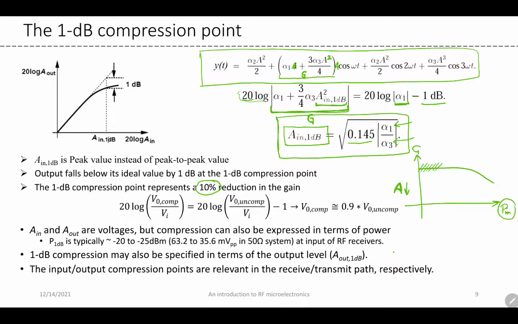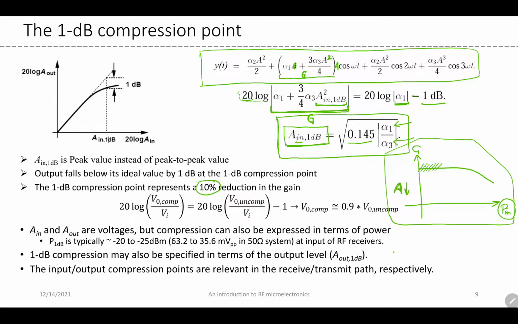And we talked about this in terms of amplitudes. We can also express this in terms of power, as I mentioned in this case. So this would be the explanation in terms of power. We can do an equivalent analysis in terms of power, as we expressed this in terms of input, we can also do this in terms of output powers.